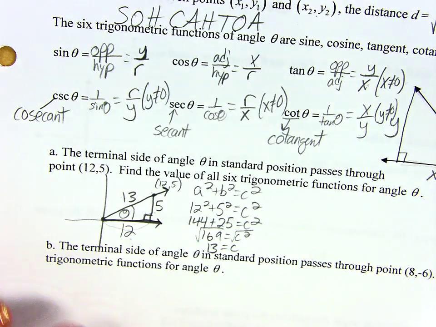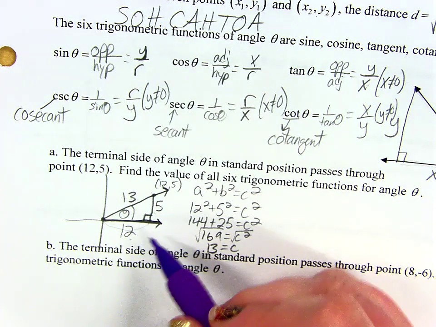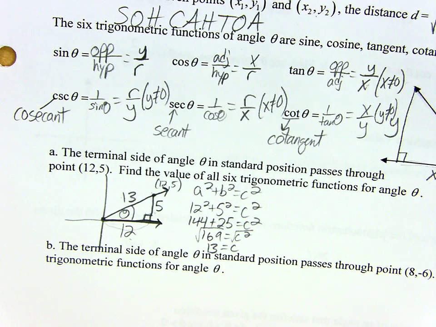I was hoping someone would have remembered that Pythagorean triple. I don't know if you remember learning about those, but that's when you have a right triangle and all three sides are whole numbers. Do you remember the 3, 4, 5 triangle? Yes, I hope so. So a 3, 4, 5 triangle is another one of those Pythagorean triples. 3 squared plus 4 squared does equal 5 squared.